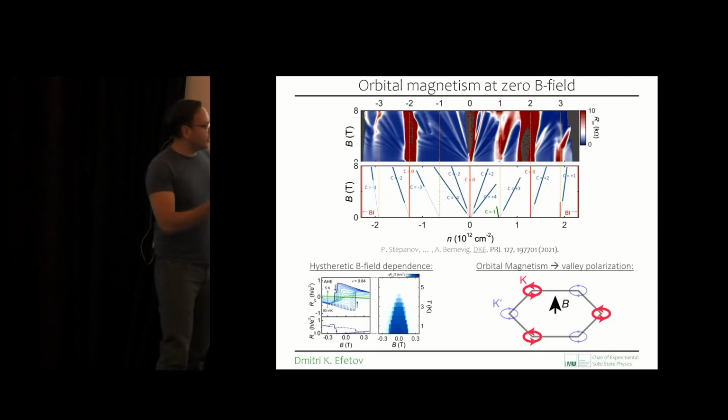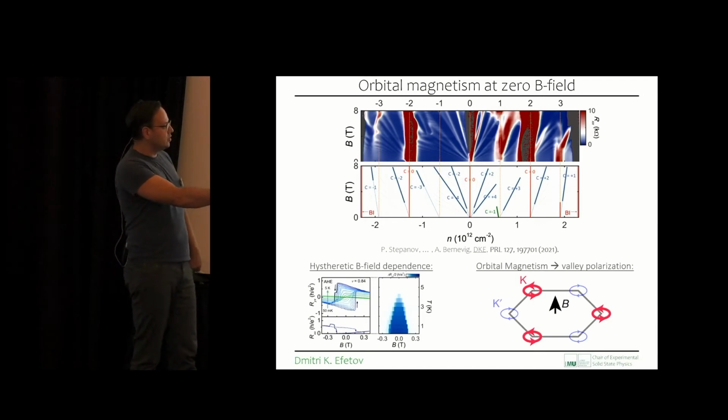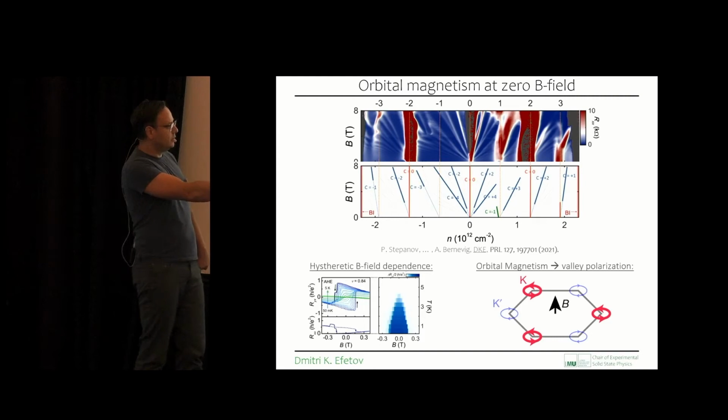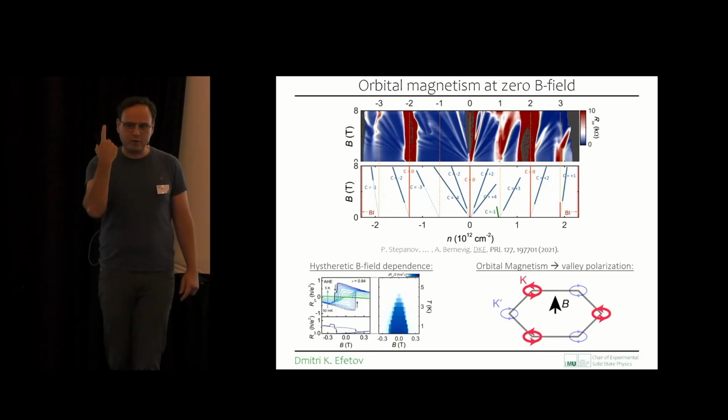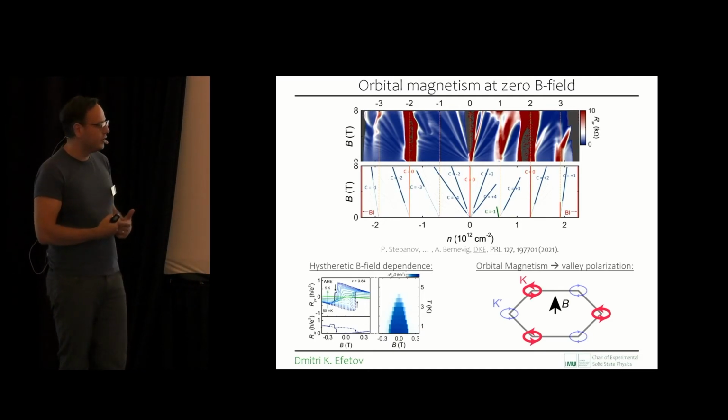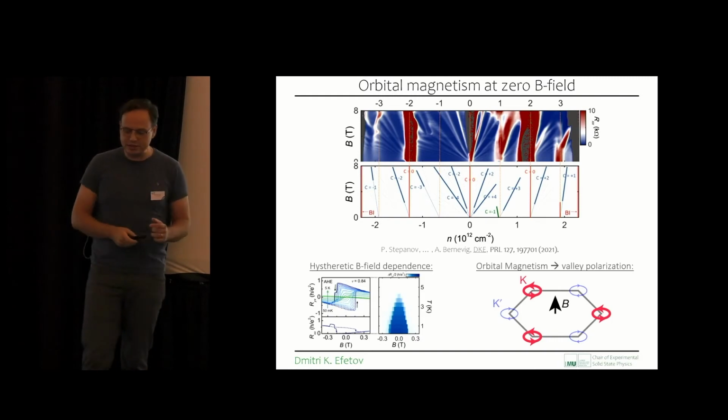How you can understand these states is if you imagine something like valley polarization, so that really only the K valleys are populated and not the K prime valleys. That gives you orbital currents in the system, like quantum Hall effect, but without magnetic field. And this gives us the magnetization.